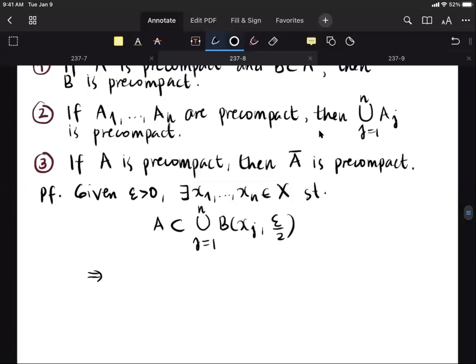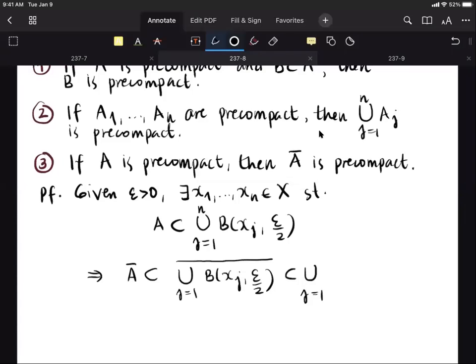And taking the closure, the closure of the smaller set is contained in the closure of the larger set, which is the union. Well, the closure of the union is a subset of the union of the closures.